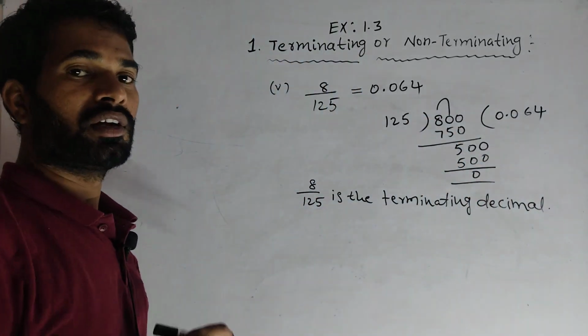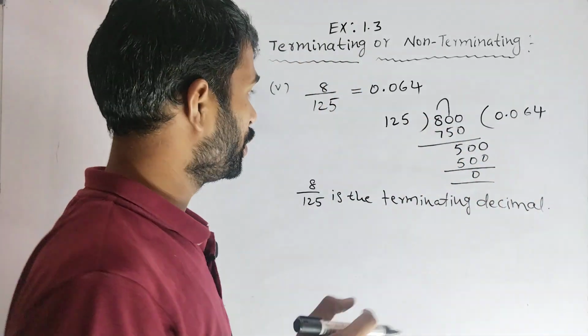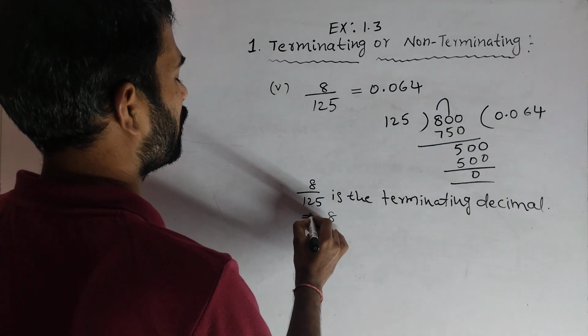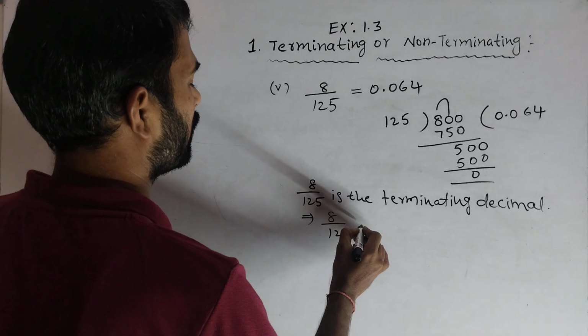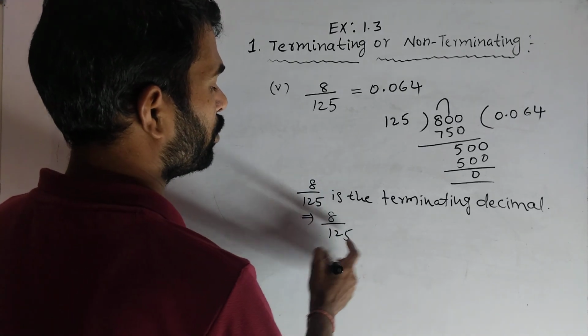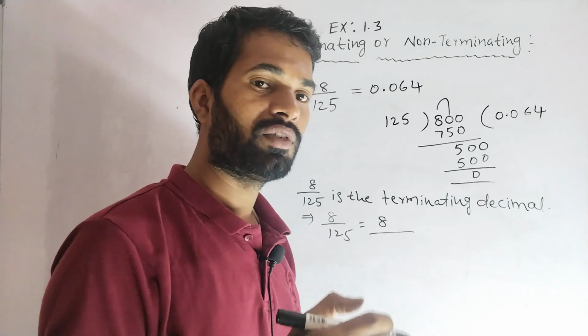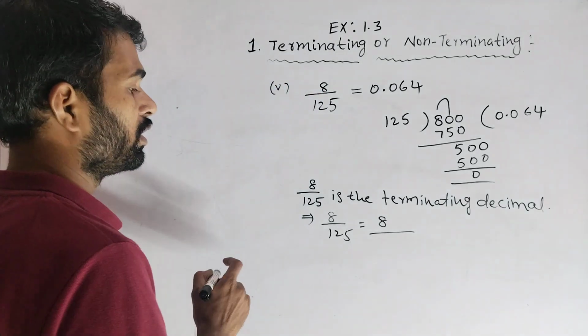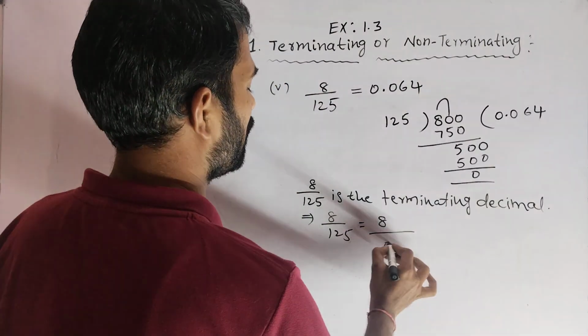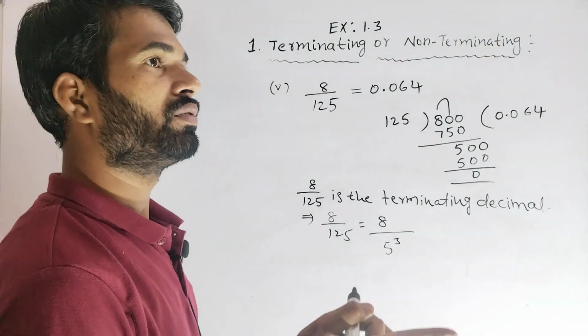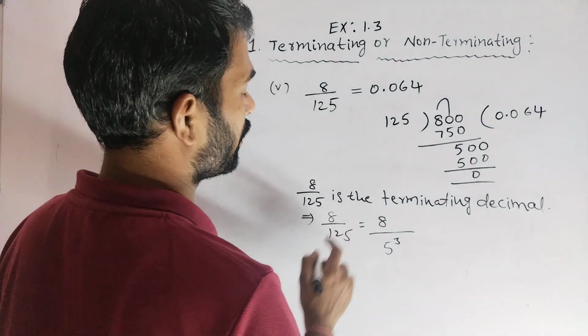Okay, terminating decimal. In the next bit we are going to do it with this process. In 8 by 125, we should write 125 as a power of 2 or 5. 125 we can write as 5 power 3. 5 5s are 25, 25 5 times 125.